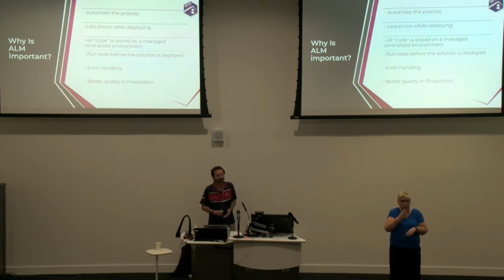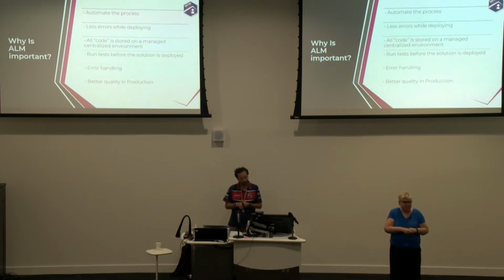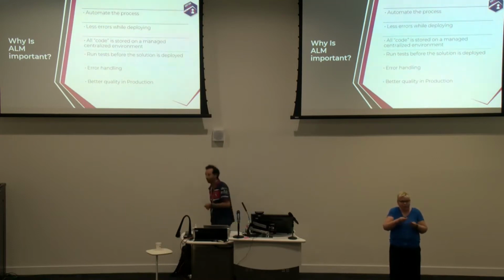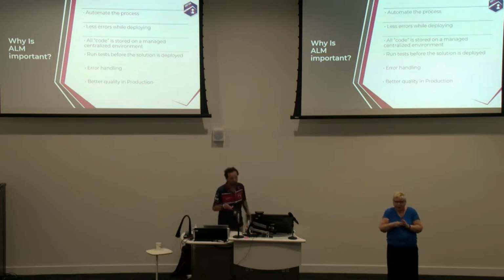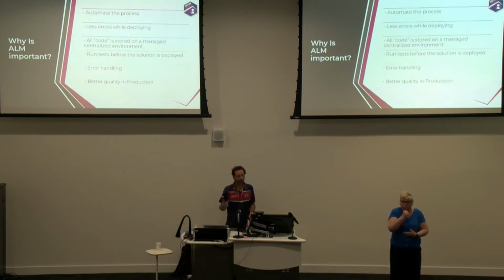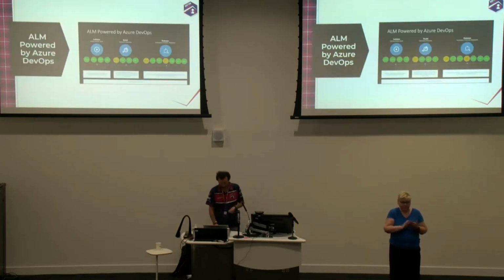So if it succeeded the first time, most probably it's always going to succeed. And of course there is some error handling. If your pipeline goes to an error, you definitely have some fallback things that you can implement in order to control it, because if something unexpected happens, you can also handle it.